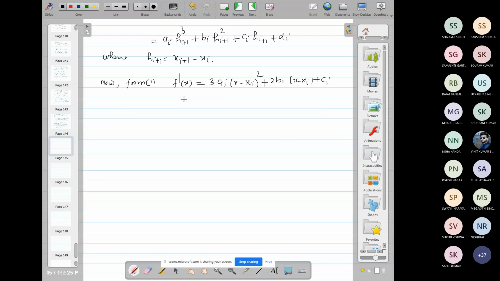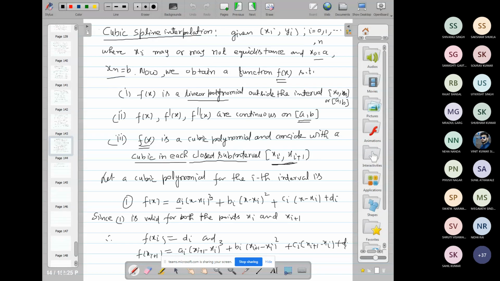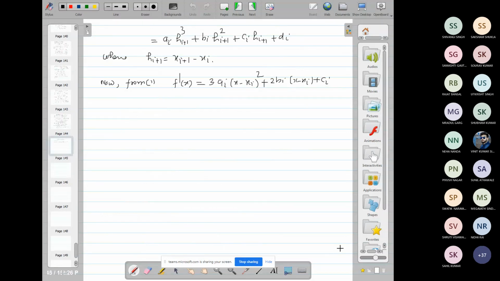So suppose this is 2, and f xi is equal to di. Suppose this is 2, and second is 3. This is 3. This is f xi plus 1 is equal to this.